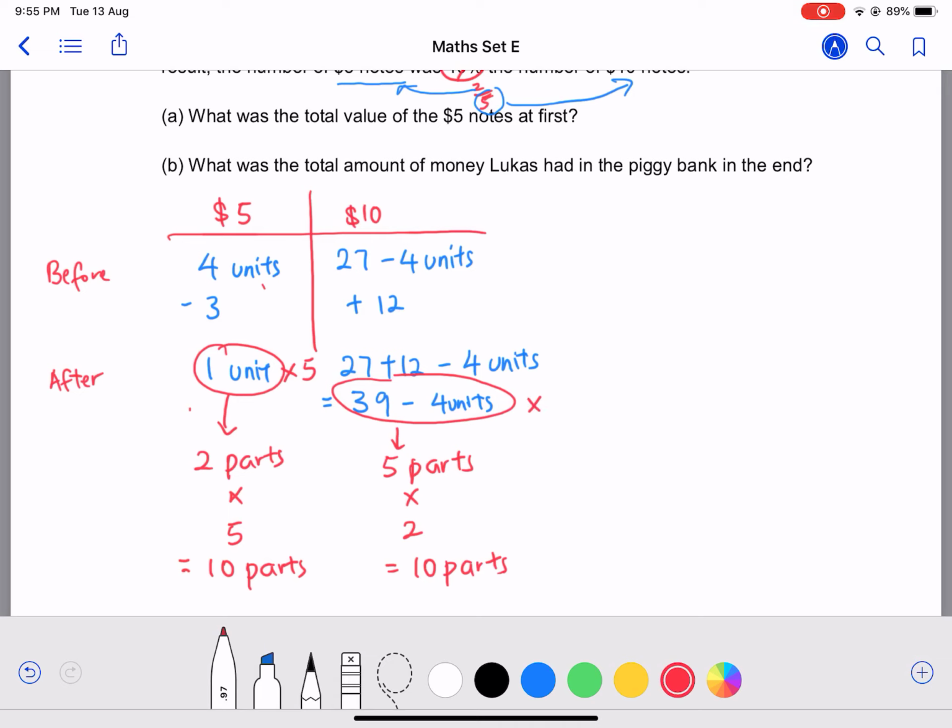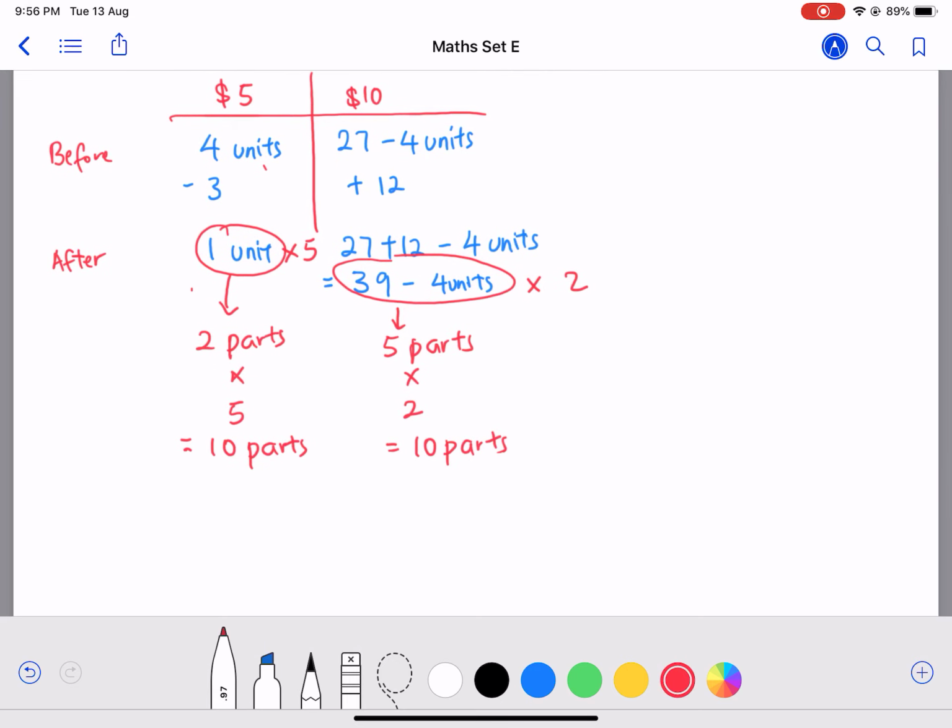For here, I need to blow up 2 times so that both sides will now be 10 parts. So now 1 unit times 5, we blow up 5 times, now this becomes 5 units. And this 5 units is equal to, I'm going to blow up the $10 twice. So 39 times 2 will be 78. Instead of 4 units now, it's minus 8 units.